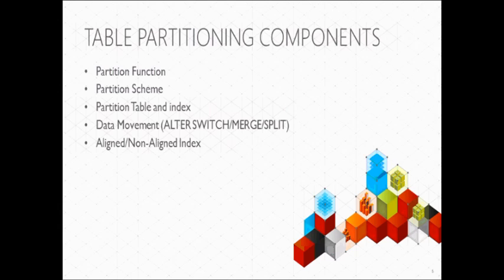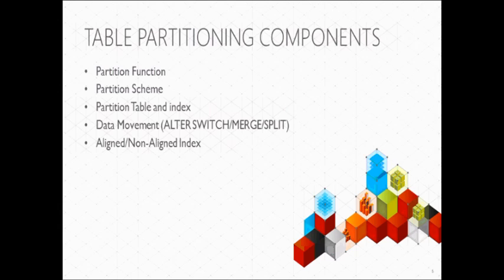The partitioned table or index uses a particular partition scheme when it is created. The relationship between the partition function and the partition scheme is one-to-many, and the relationship between the partition scheme and partitioned tables and indexes is the same.